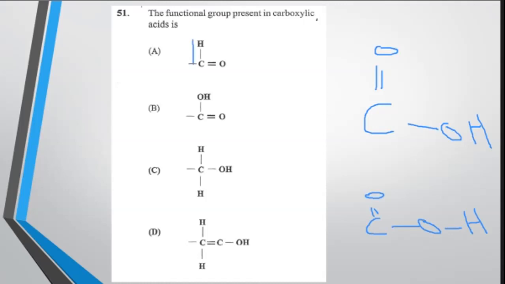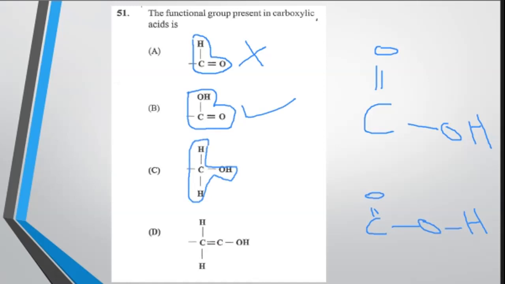Here we have C double bond OH, but the oxygen is missing. So this is not our carboxylic acid. Here we have C double bond O, OH. Yes, this is our carboxylic acid. Here we have CHOH, and this is an alcohol, while the one above is our acid.